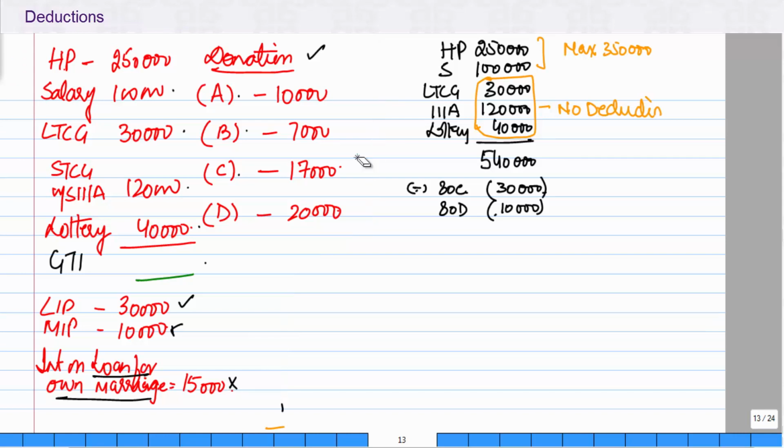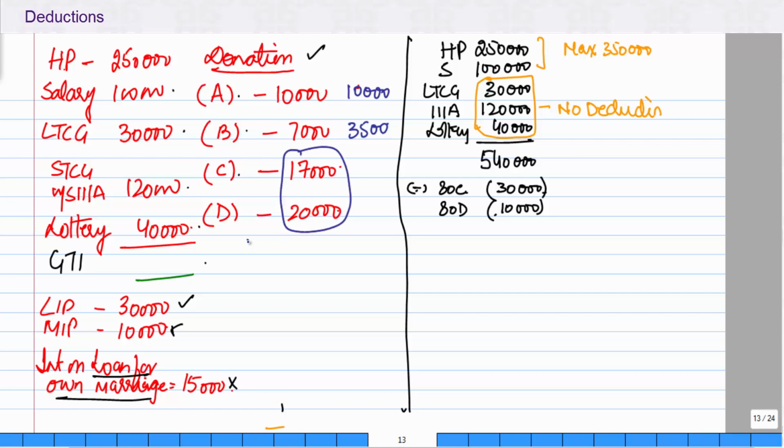Then we go to the deduction for donations. Now, A list, we know the amount eligible will be 10,000. B list will be 3,500, 50%. For these two, there is a limit, so it will be 37,000 or 10% of adjusted GTI.